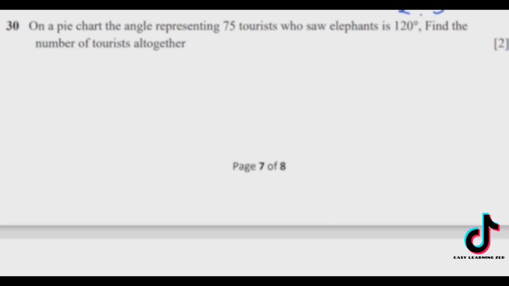Now remember, a pie chart is like this. And then the 75 tourists who saw the elephant are here, which are represented on the pie chart by 120 degrees.